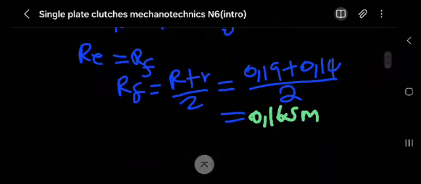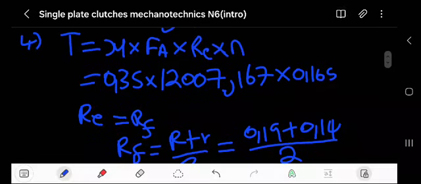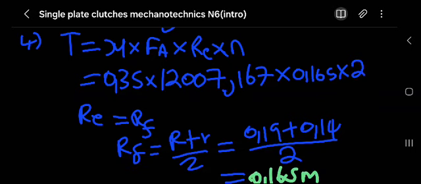So here now we have this. You can substitute there: 0.165 multiplied by the number of contact surfaces. Obviously, it does not change. There are still 2 under a single clutch there.